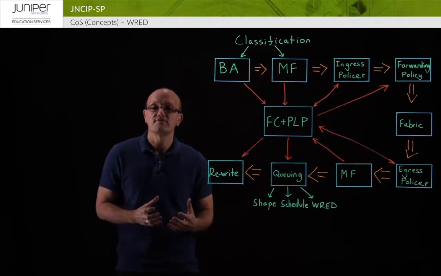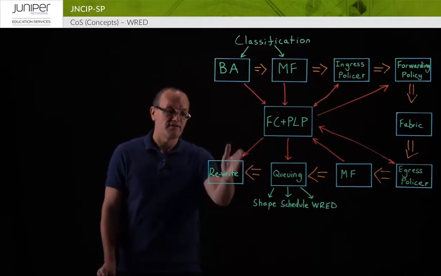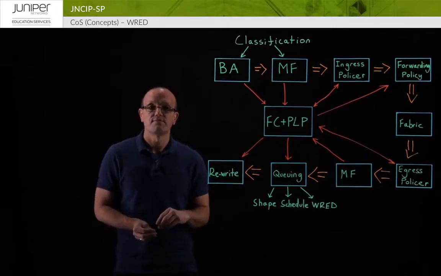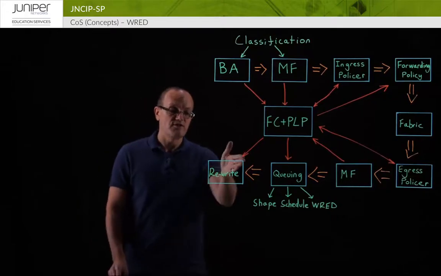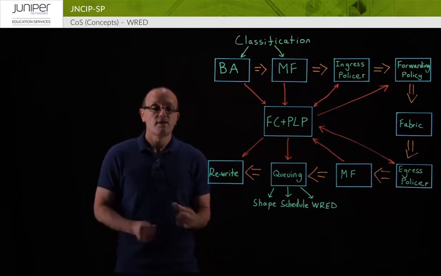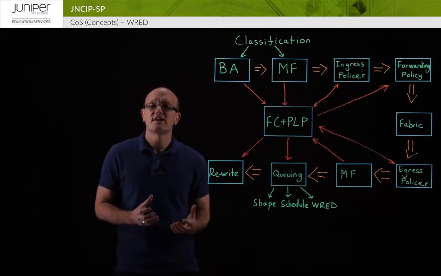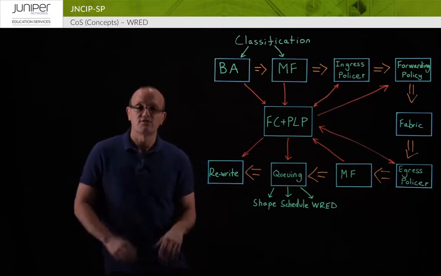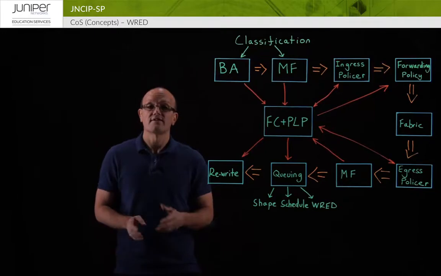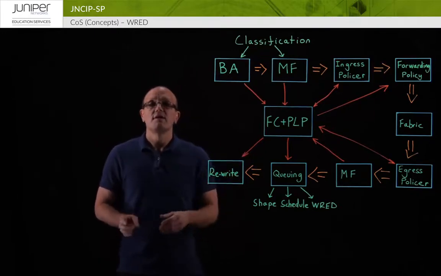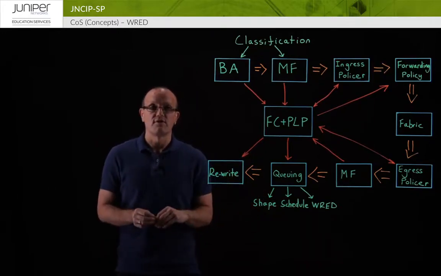Say we have a 50% drop probability at 50% queue depth. So as the queue reaches 50%, traffic associated with that drop profile now has a 50% chance of being dropped. And as the queue fills further, that percentage value can increase further, so we start to drop more traffic.